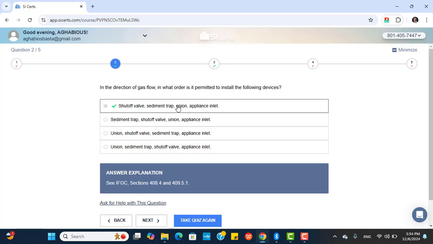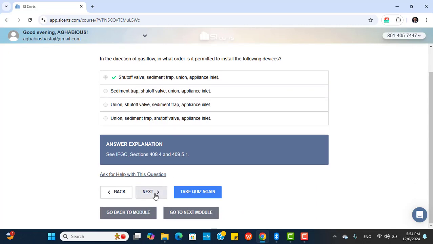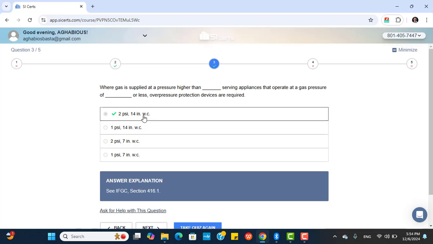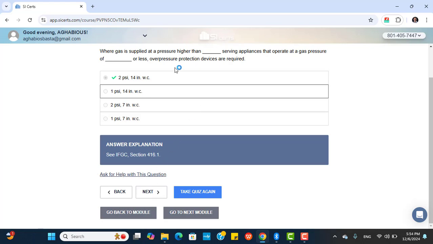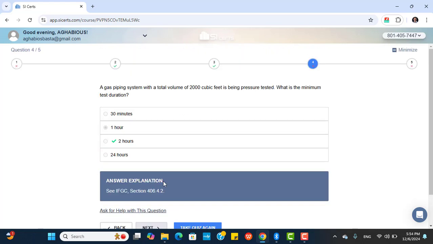The order permitted is shut-off valve, sediment trap, union, and appliance inlet. And we got this correct. We also answered this correctly. Where gas is supplied at a pressure higher than 2 psi and serving appliances of 14 inches or less, we need overpressure protection.